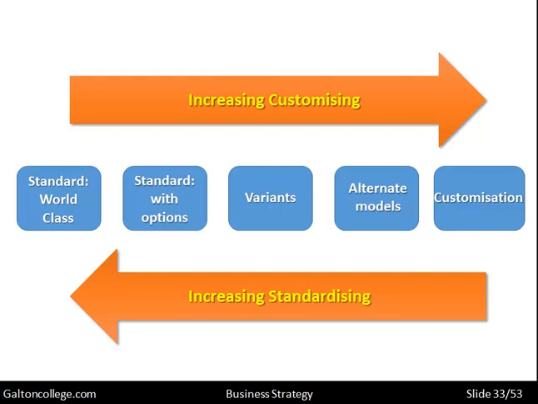On the left hand side we have a standard, and the standard could be the world-class standard for a product, which means it's a standard product, but it's made to a very high quality. It's a world-class product. Then we have a standard, but with options, very small options, perhaps slight variations in the design.